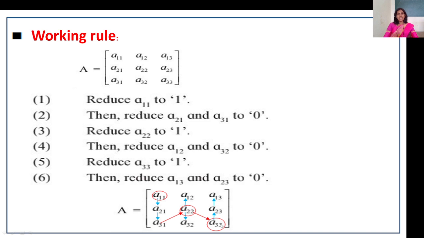Then we reduce A33 to 1, and using this we reduce A23 and A13 to 0. In this path we have to go to find the inverse by using row transformation. We go vertically. So we use this working rule in examples to find the inverse of a matrix.